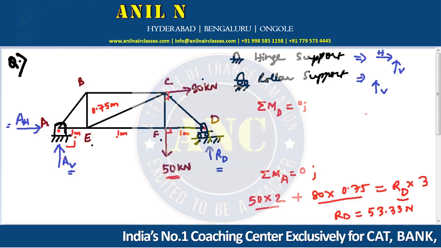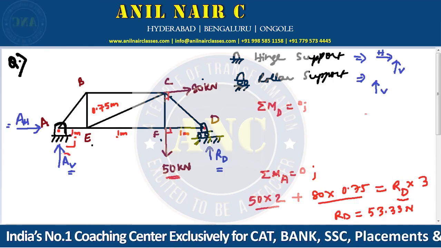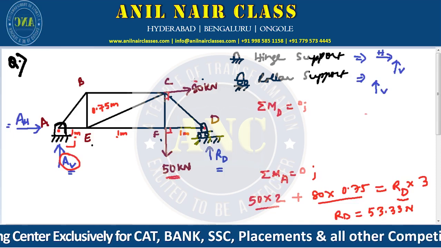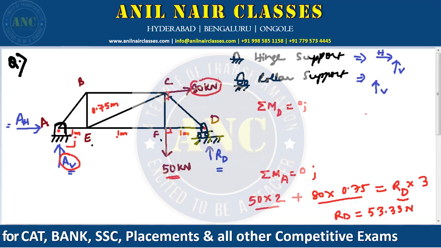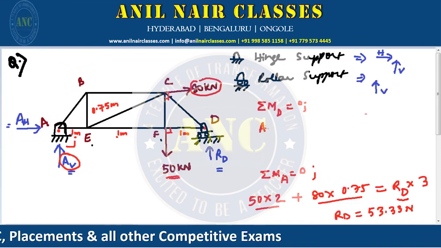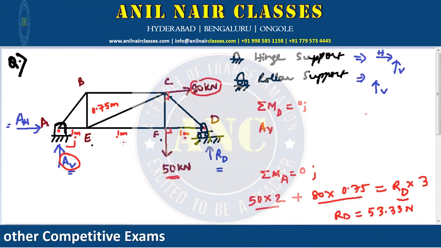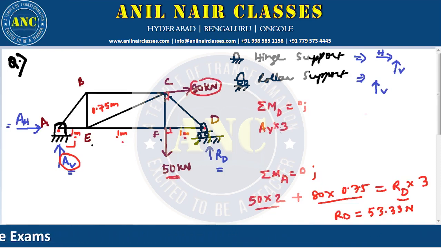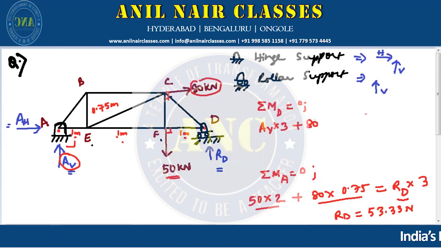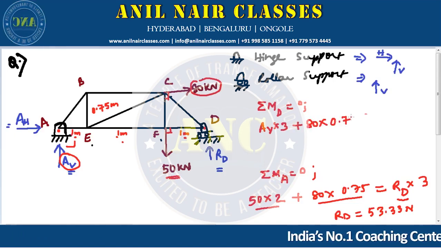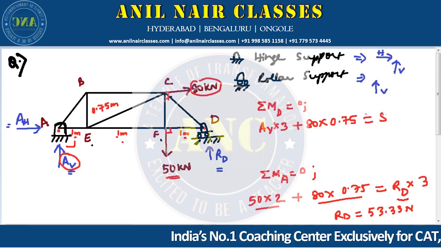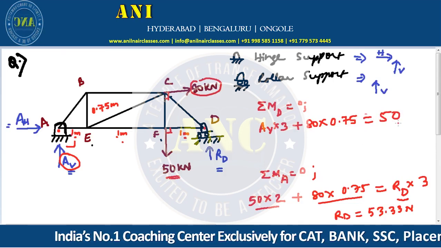In moments about D, we can see AV and 80 are in the same direction. So I can take AV at a distance of 1, 2, 3, then 80 at 0.75, is equal to 50. Correct?